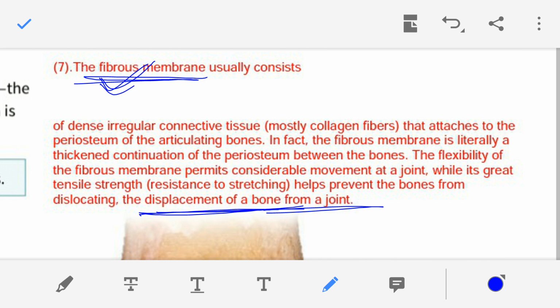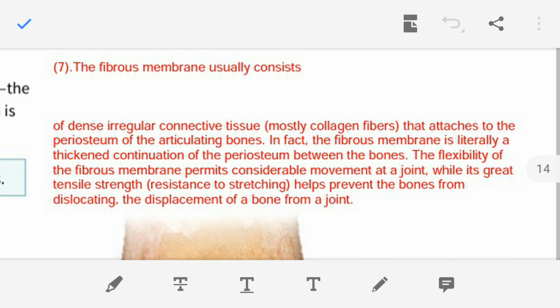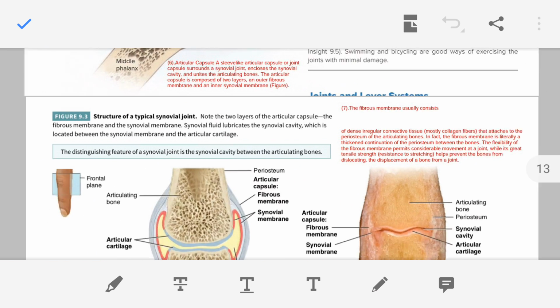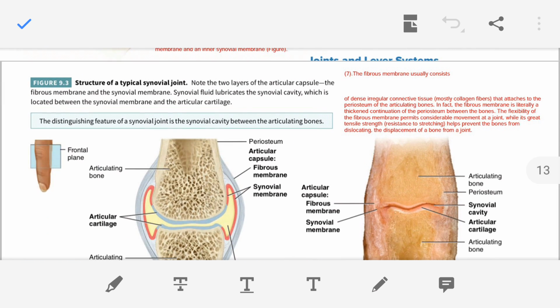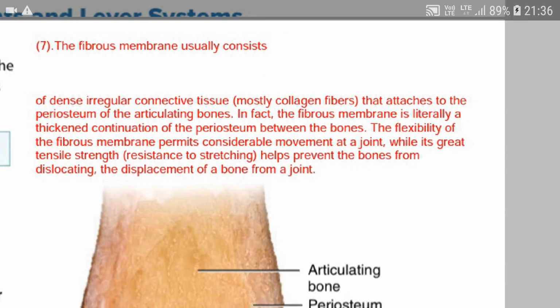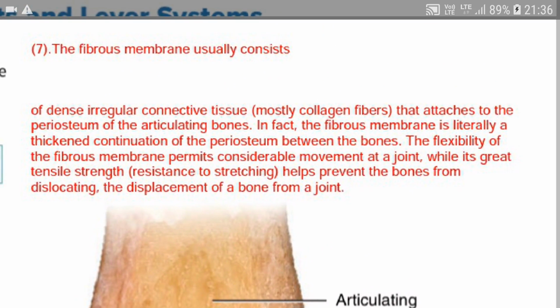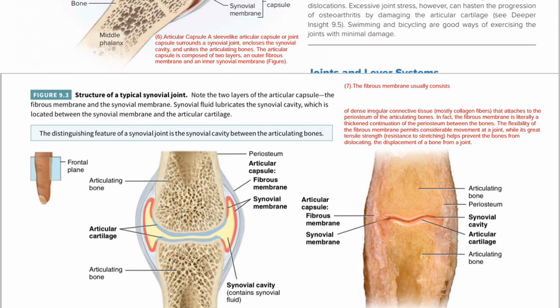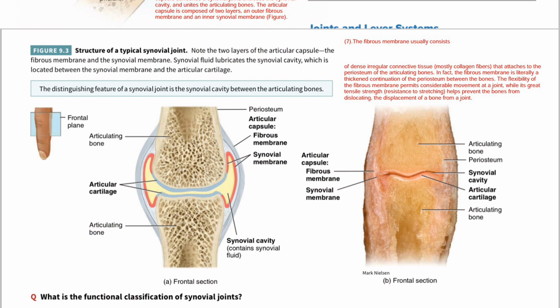So, this is the function of the fibrous membrane in the synovial joint. You go through this figure. This is the theory point, and this is the figure for this point.